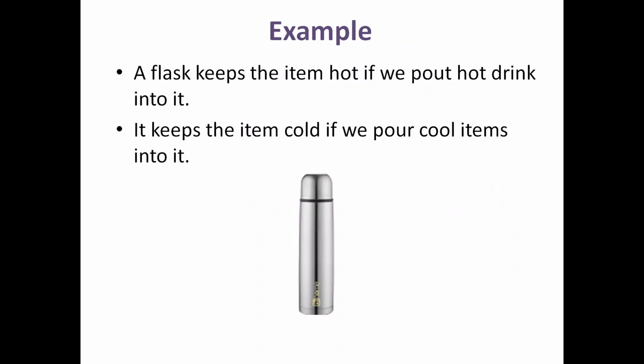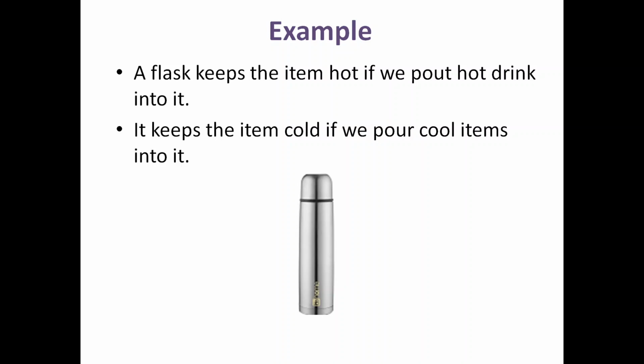Now consider this example, a flask. How is it related to polymorphism? A flask is one component, but it is capable of behaving in two different ways. Let's say I put hot coffee inside the flask, then it will automatically keep the coffee hot for the given duration.